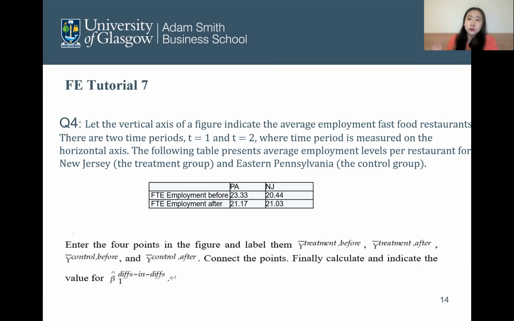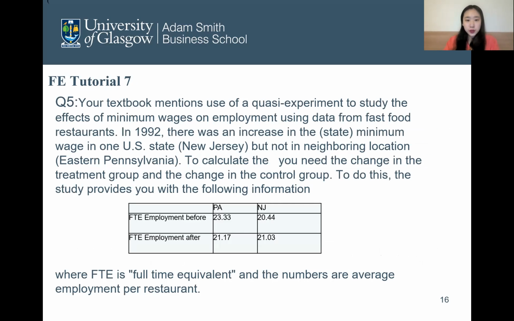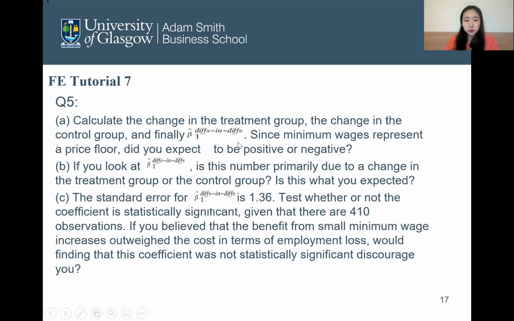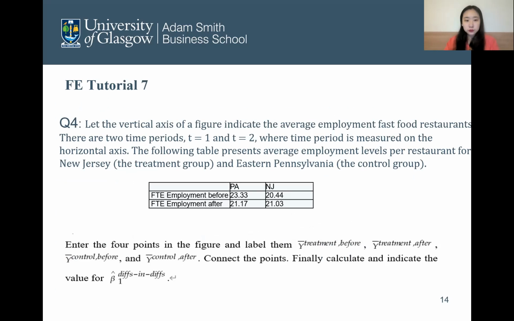For question 4, actually for question 4 and question 5, they also give you before and after, and a table, and they give you the information. Let's have a look at question 4 first. The vertical axis of the figure indicates the average employment in fast food restaurants.